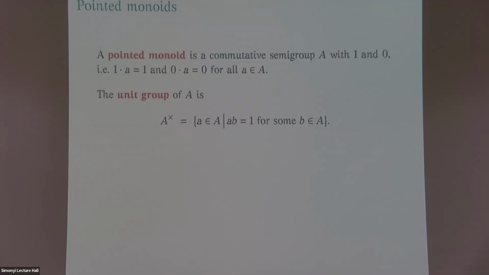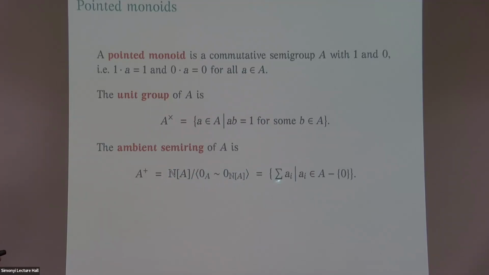And then if we have a pointed monoid, we have an associated semiring, which is called the ambient semiring. It's basically the semigroup semiring or monoid semiring, but I want to identify the 0 in A with the 0 of the semiring. So I'm just quotienting out by some equivalence relation if you want.